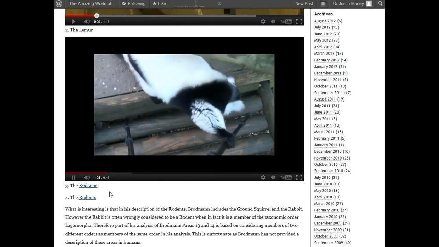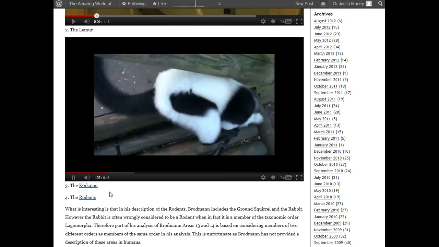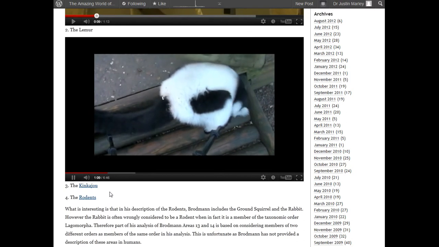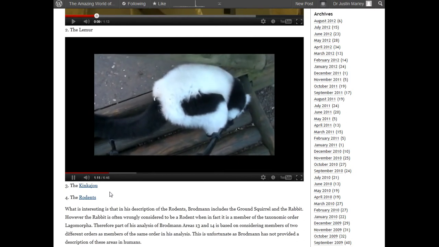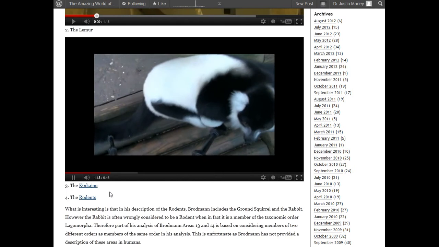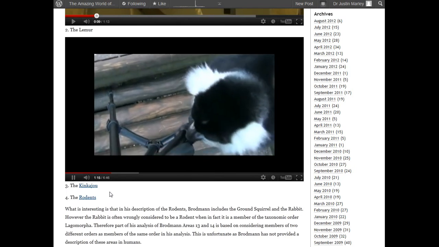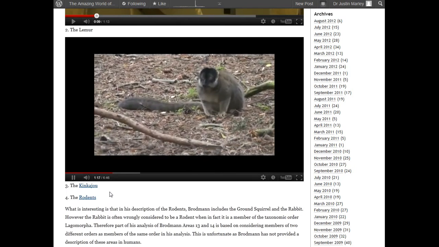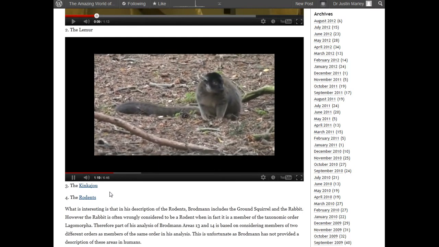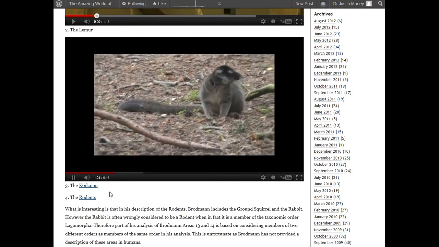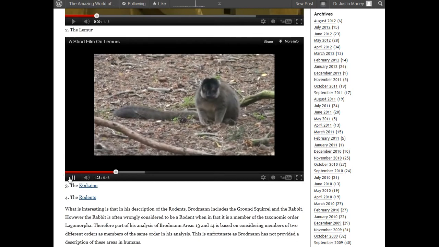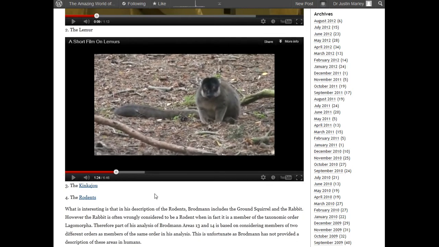They're really curious about this camera, and it shows you how incredibly useful it is to be able to use their fingers to explore the environment. Anyway, that's a slight distraction. That's one of the species that he described Brodmann areas 13 and 14 in.